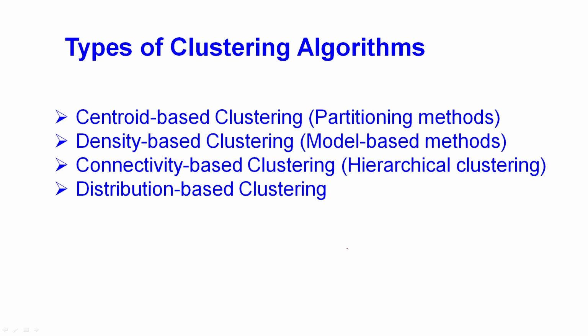And as I told, hierarchical clustering is nothing but connectivity based clustering. Lastly, you can also have distribution based clustering, like you can use some kind of normal distribution or chi distribution or any other distribution, and that can be used as a clustering means to separate the data points.